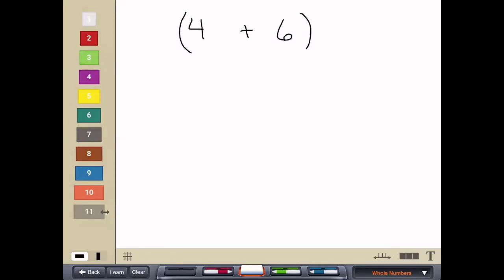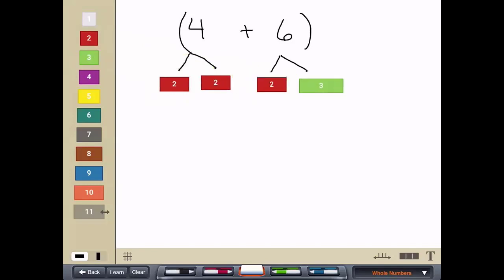So if we say we're going to break down 4 here into 2 factors, and we're going to break down 6 into 2 factors as well. So the factors of 4 are 2 times 2, and the factors of 6 are 2 times 3.